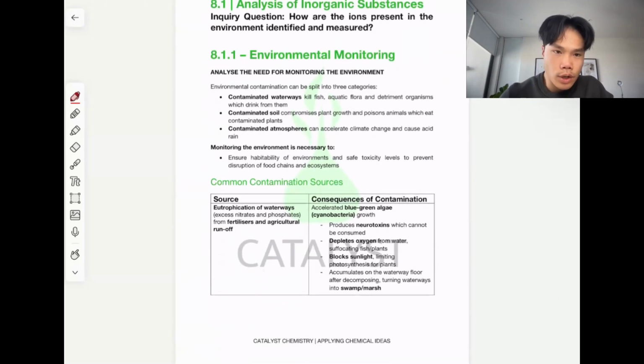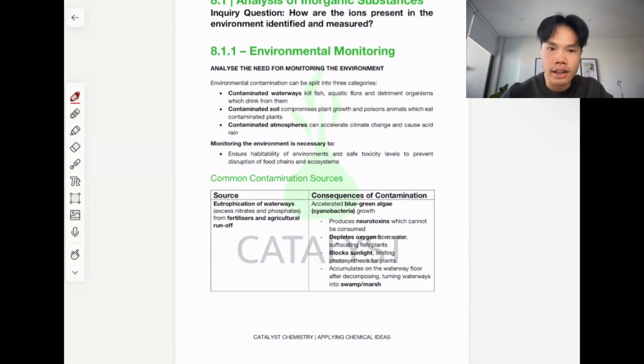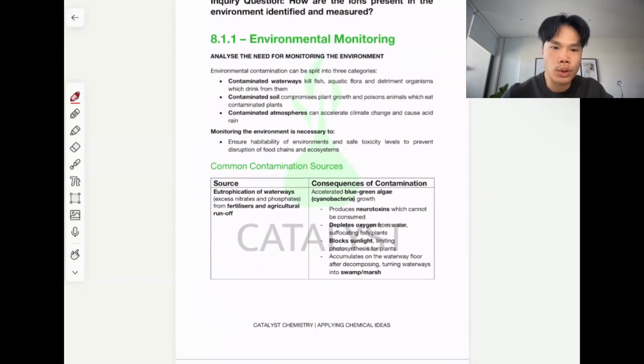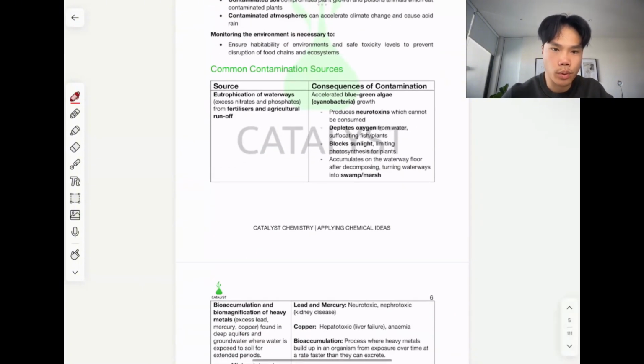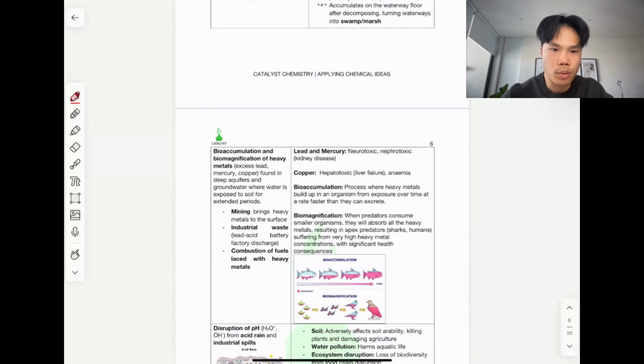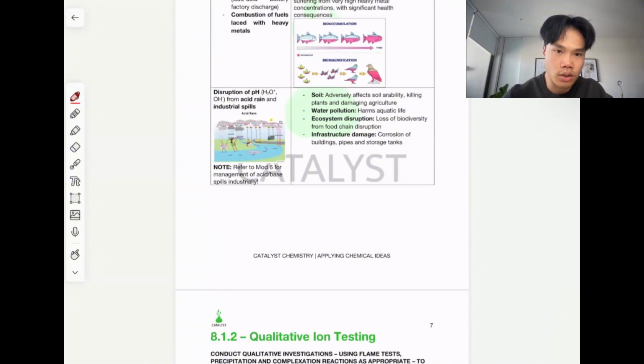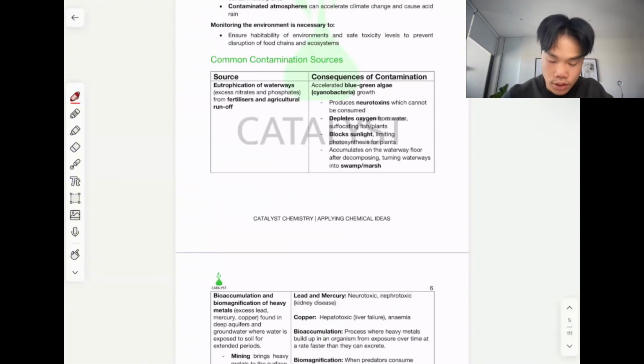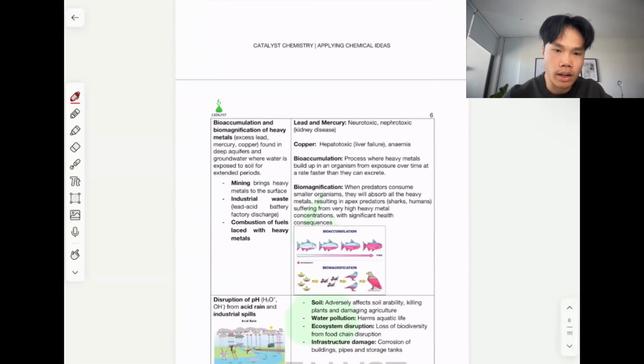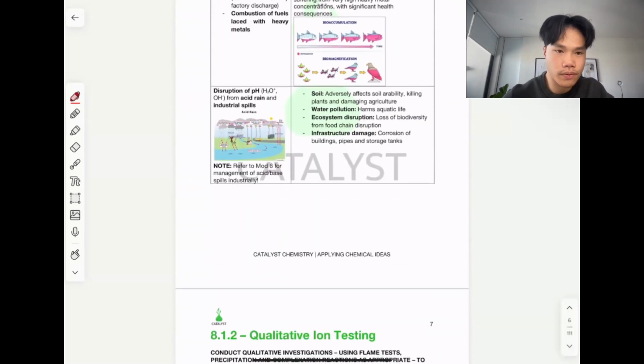Know the common sources of contamination to waterways, soil, or atmosphere. You can have eutrophication of waterways, you can have bioaccumulation of heavy metals, and you can have disruption of pH in terms of acid and base being put in. So just know how to talk about each of those cases, what the consequence of each one is, and what ions or molecules would be specifically involved.